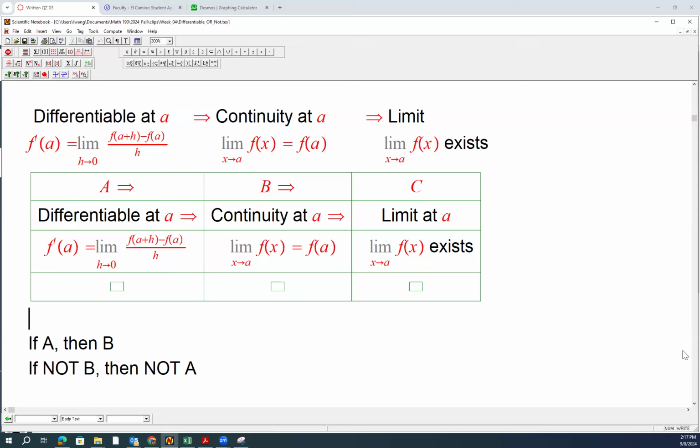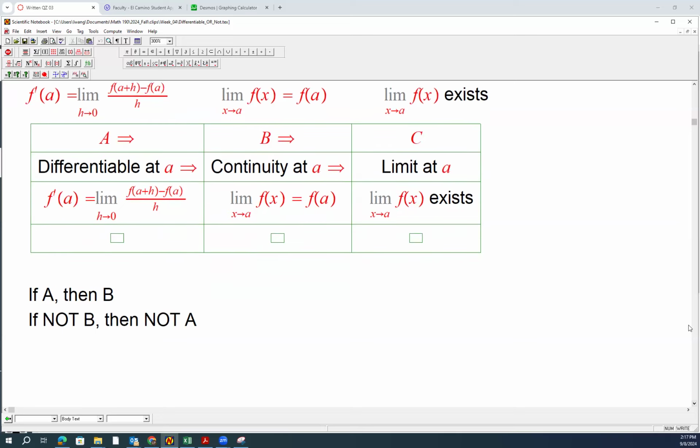from this logic, we're going to draw the following conclusions.